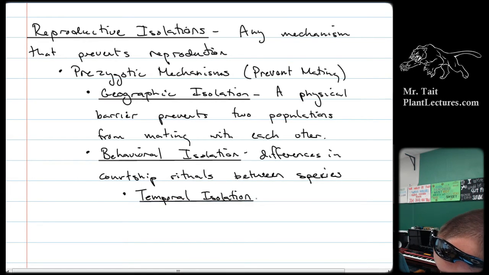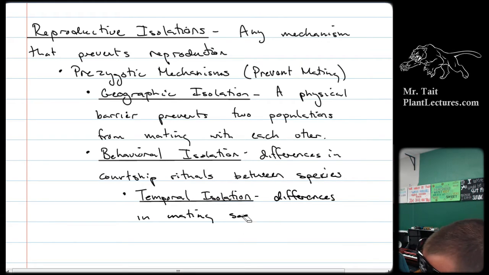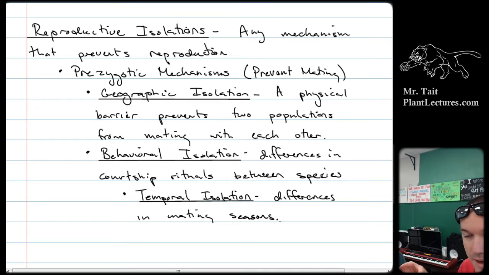Temporal means time. So these are differences in mating season. Okay, so mating seasons are important. Some species are only fertile during certain times of the year, right? The males are pretty much fertile whenever, but the females are only fertile during the mating season, right?